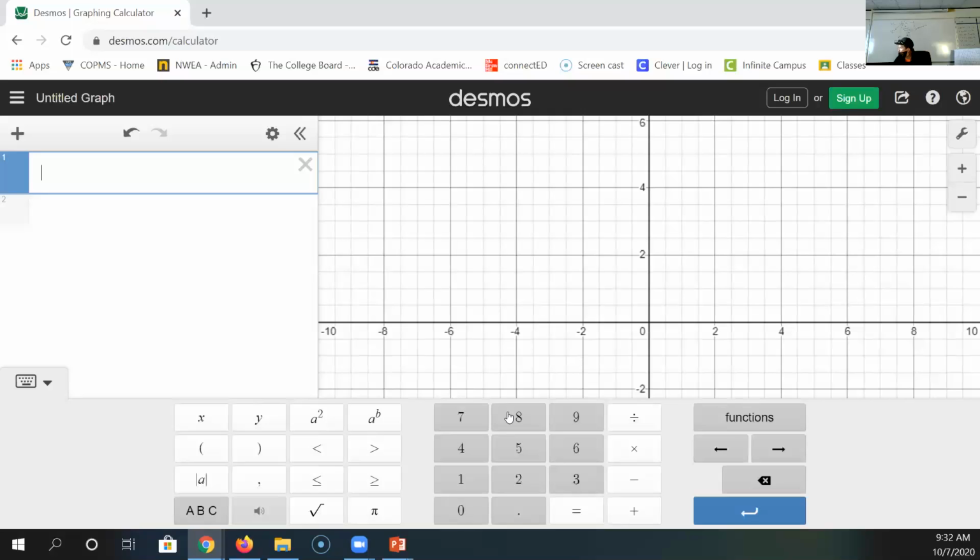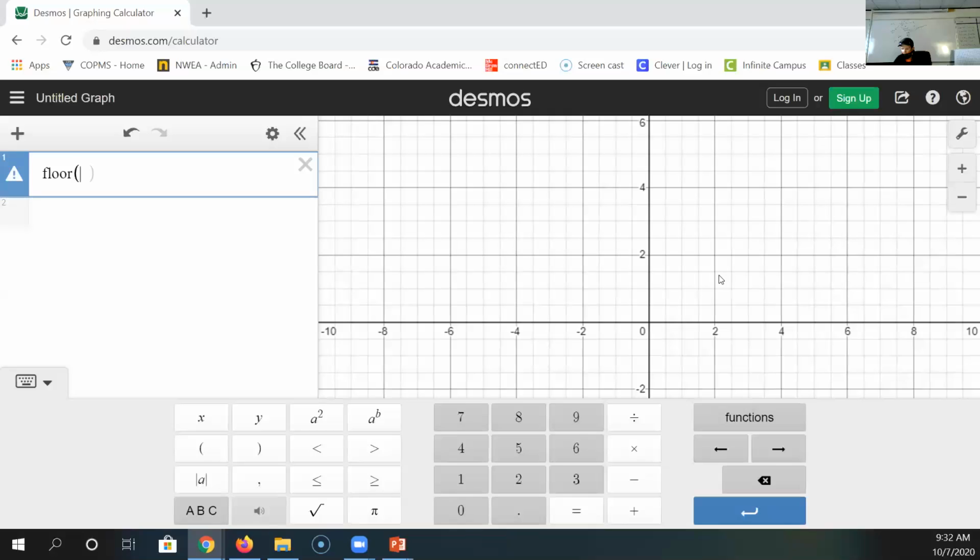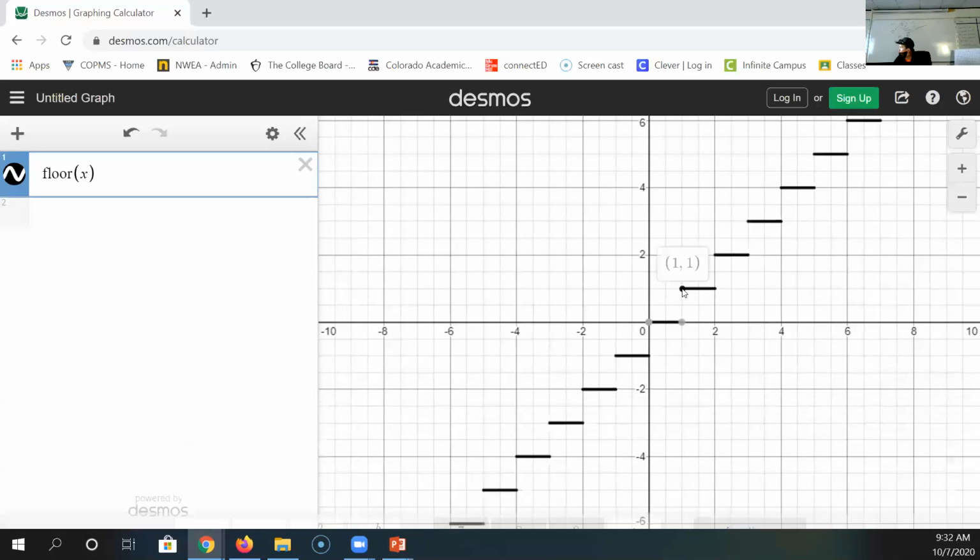Okay, the hard one to find is the greatest integer function, which is under functions. You go to miscellaneous, and then it is floor. Okay, floor of x. And Desmos doesn't really do a good job.